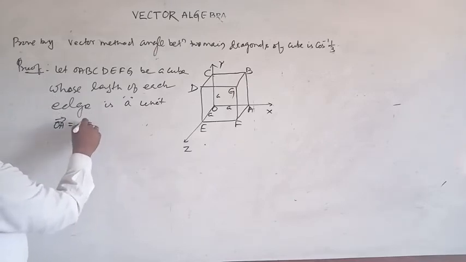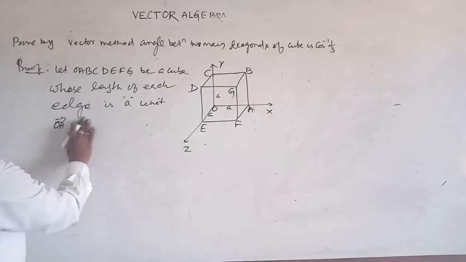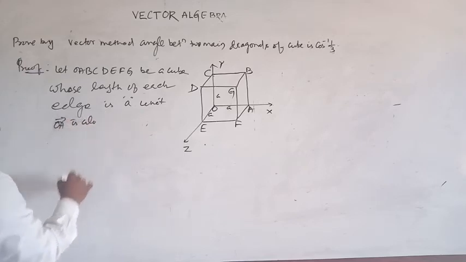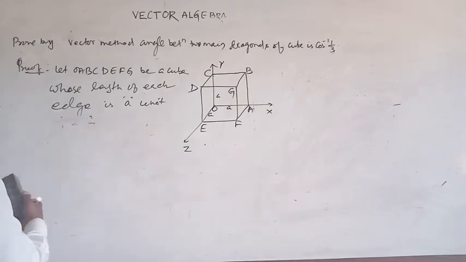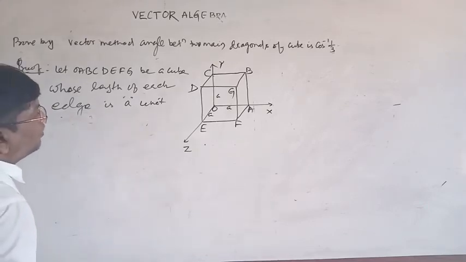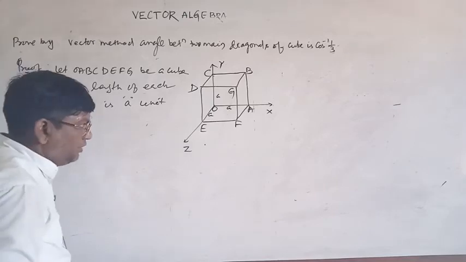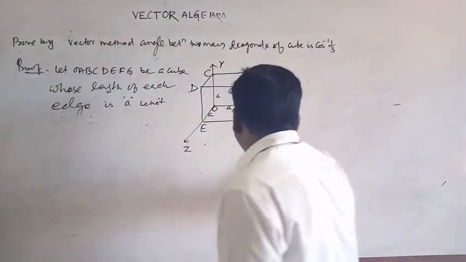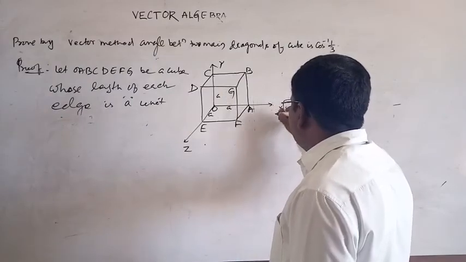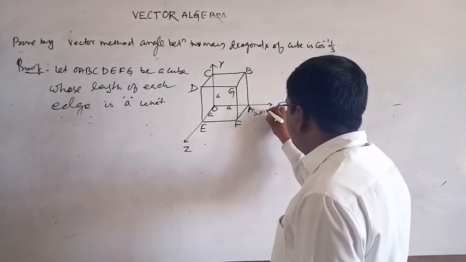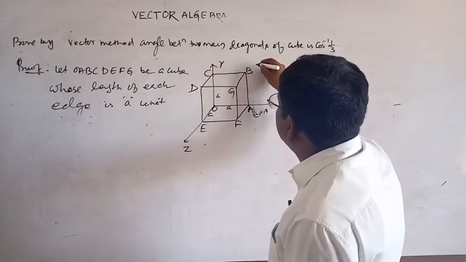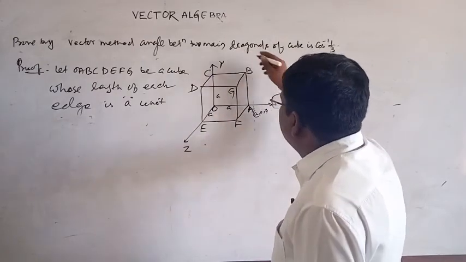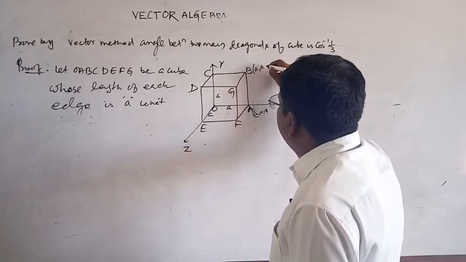What are the two main diagonals here? Now, to prove the angle between two main diagonals, write the vertices. This is A: (a, 0, 0) on the x-axis. On the xy-plane z is constant, z is 0, so this is (a, a, 0).